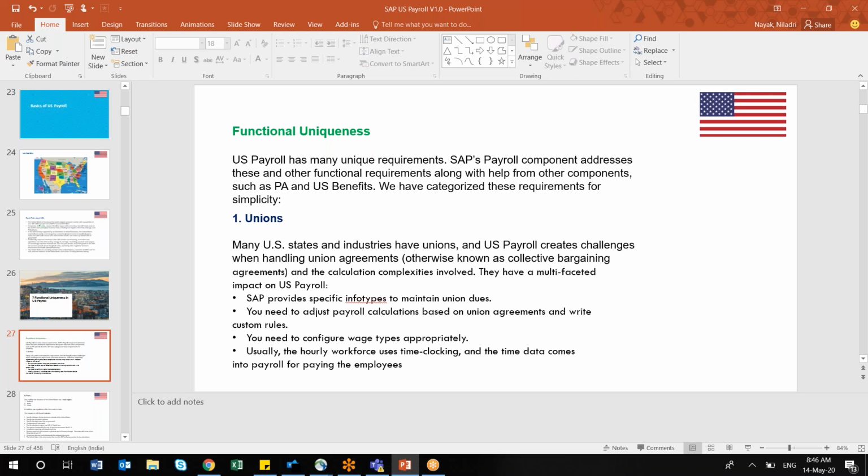I understand. More or less similar here in India also. I got an opportunity to work in the hospitality industry, in one of the top hospitality companies in India. They had more than 35 hotels across India, and we implemented Indian payroll for all of them.